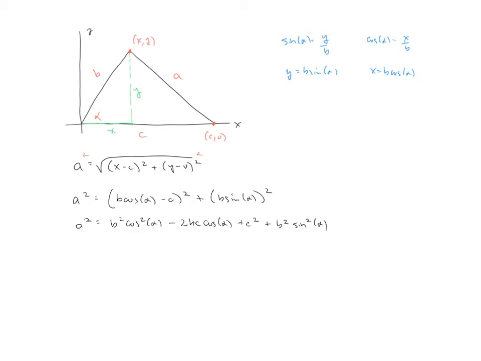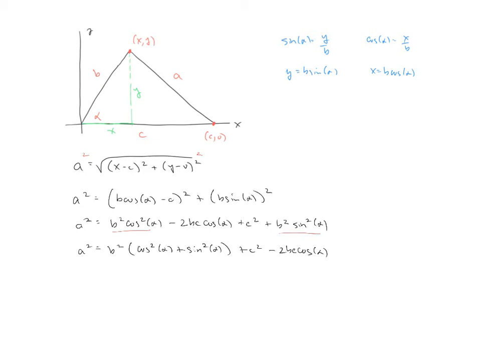Okay. Now, the next thing I'm going to do is set these two things next to one another, and I'm also going to factor out a b squared. So that'll be b squared times cosine squared alpha plus sine squared alpha, plus c squared minus 2bc cosine alpha.